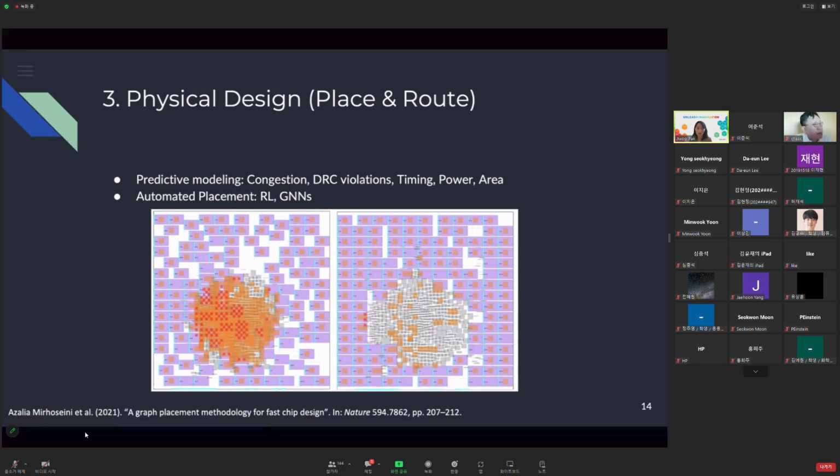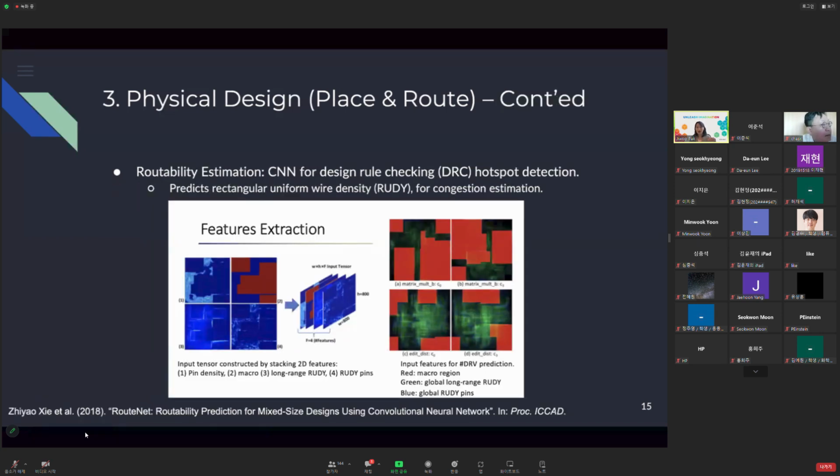So at that time, this work was using RL and GNN to solve that issue. And the metric, the goal that we wanted to achieve, was smaller congestion and then better timing and power. So this one was one of the early works, and there were many other works related to that. So this is about the placement. And in the meantime, routing is like how to make a road between the components, right?